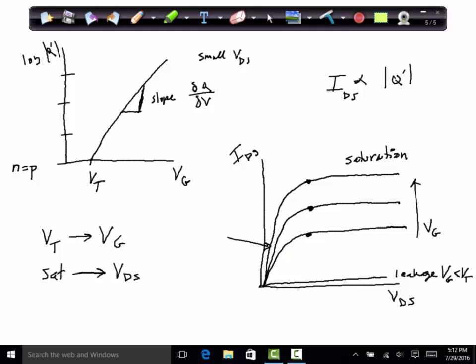Okay, so in the linear region below saturation, we can sort of treat the behavior one way, and then at saturation we treat the current with another set of formulas. So let's take a look at those first.